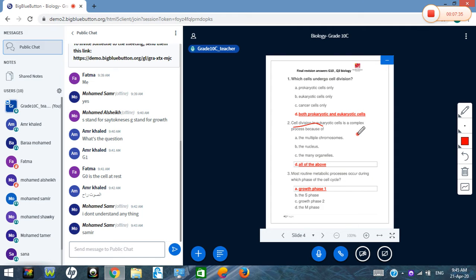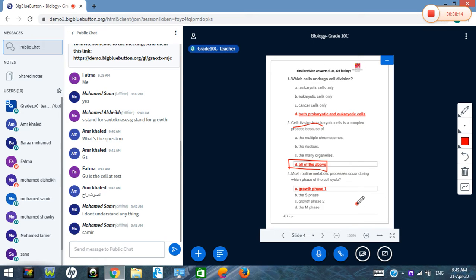They have multiple chromosomes and many organelles, and have the nucleus. So they have different stages, like interphase, mitosis, cytokinesis. Okay, so the answer will be letter D.